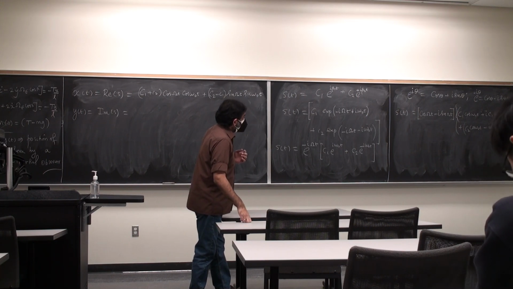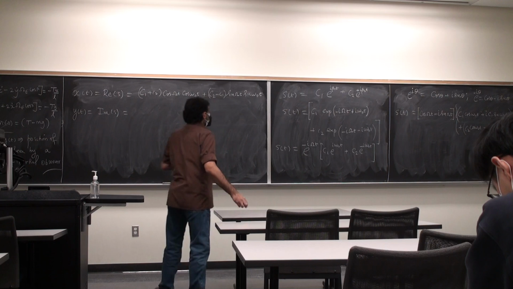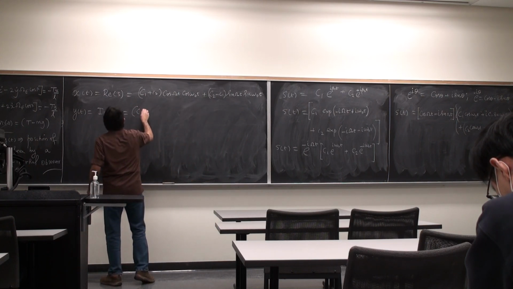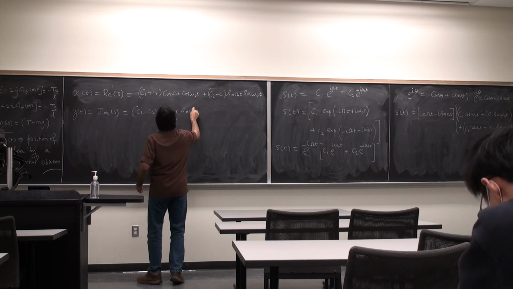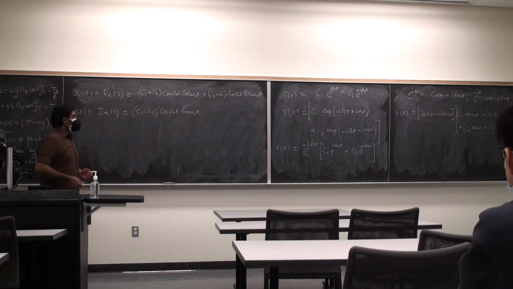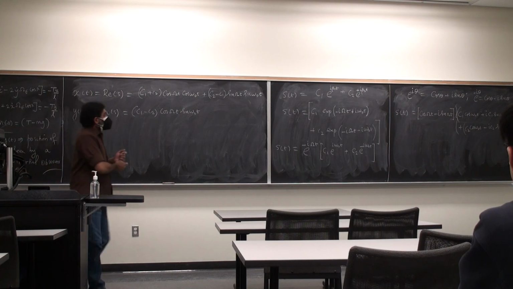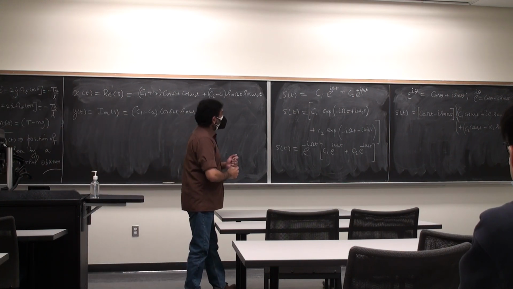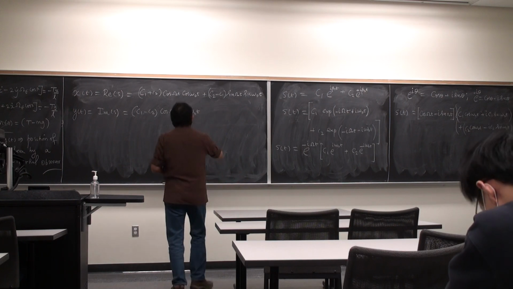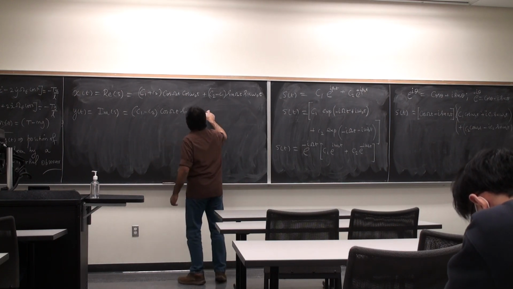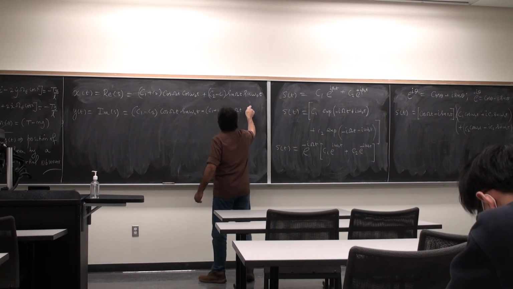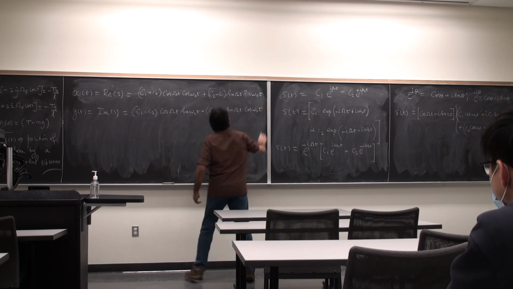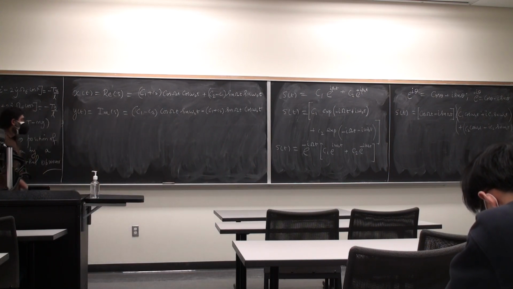I'm going to have C1 minus C2 cosine omega t sine omega naught t. Then I'm going to have C1 plus C2 with a negative sign, so minus C1 plus C2 sine omega t cosine omega naught t. All right.